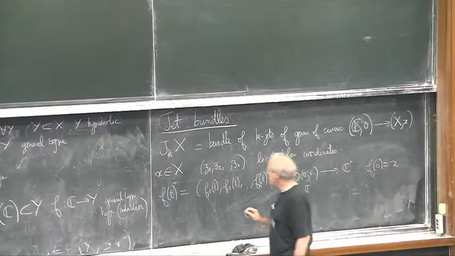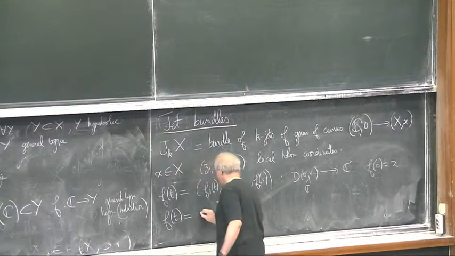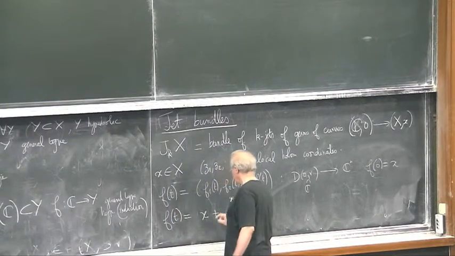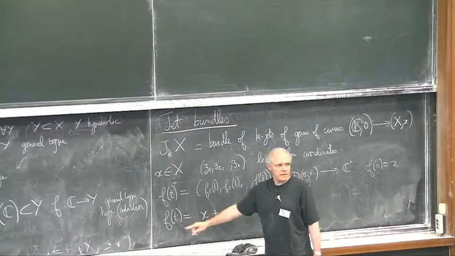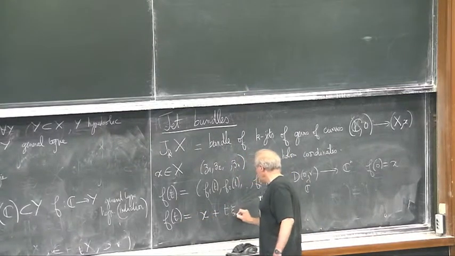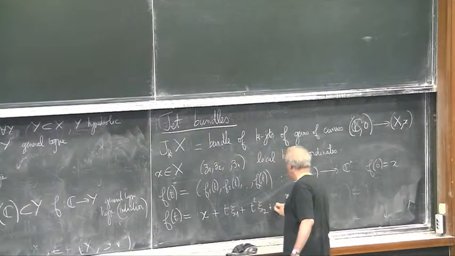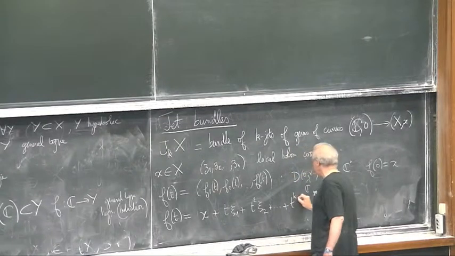It will have a Taylor expansion. So it starts with x, and then you have the power series: x plus t x_1 plus t^2 x_2 plus ... plus t^k x_k.